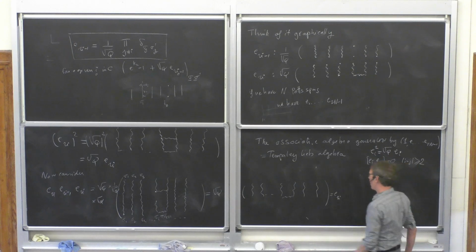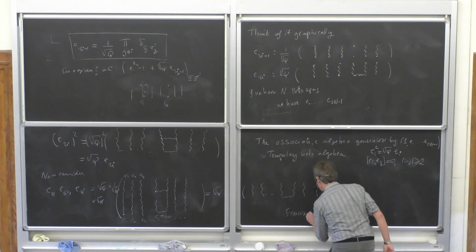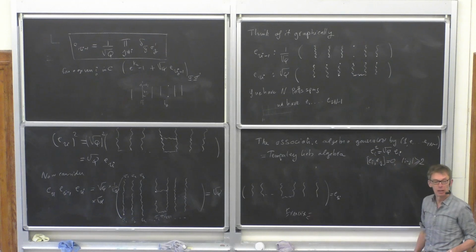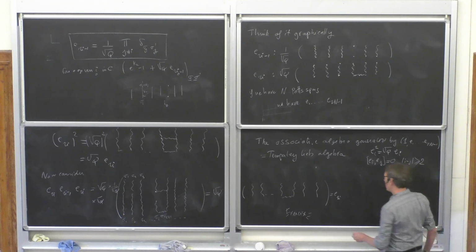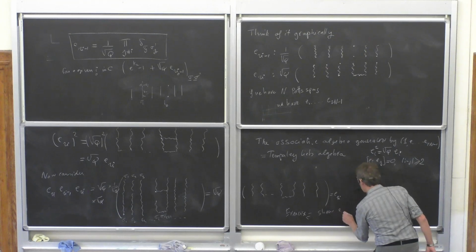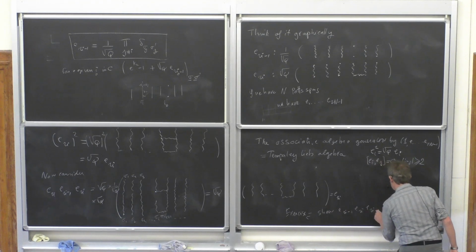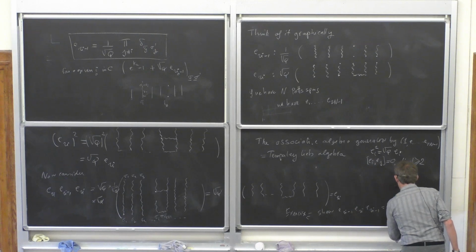Exercise, show that, yeah, I was told I have to give you exercises, by the way. I'll give you plenty of exercises. Ready? So exercise number 1, show that E2I minus 1, E2I, E2I minus 1 equals E2I minus 1.